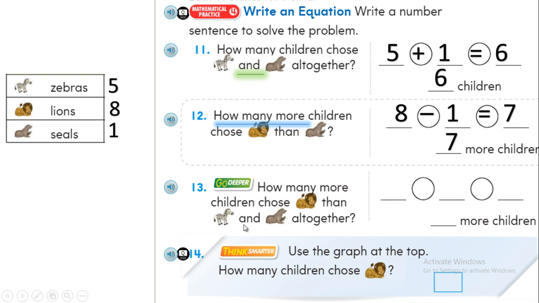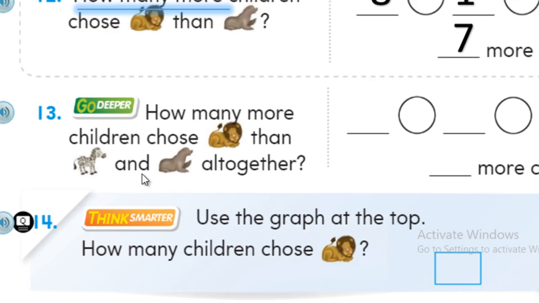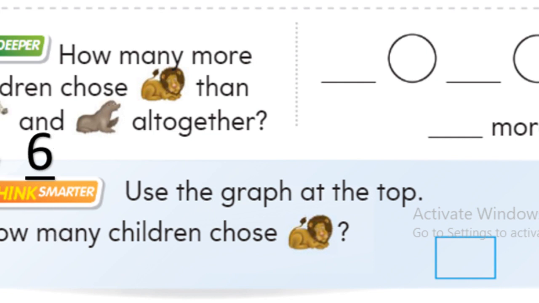So zebras and seals all together, we have the answer up here. How many children chose zebras and seals together? 6 children chose zebras and seals together. So we're gonna write the number here, 6. Write it underneath zebras and seals because we want to remember that 6 children chose zebras and seals together.